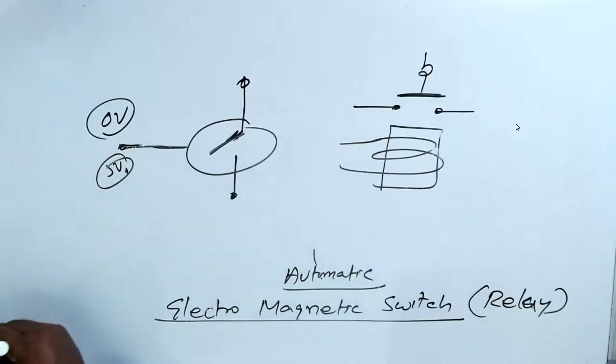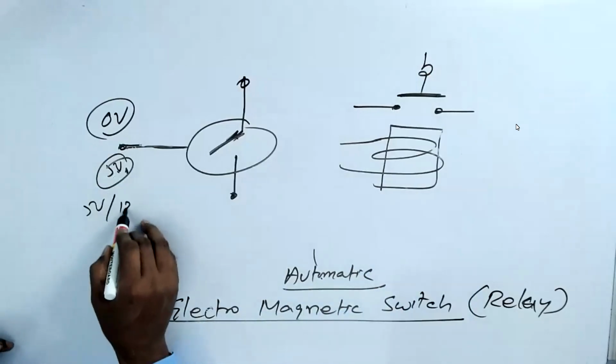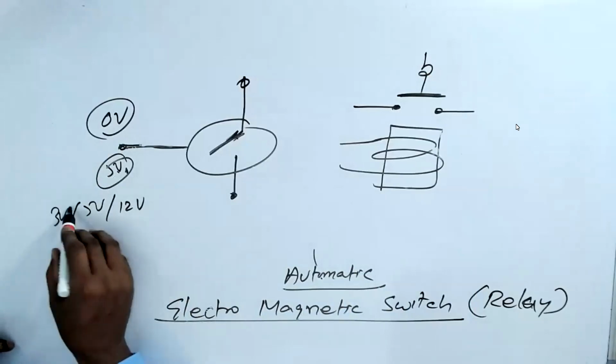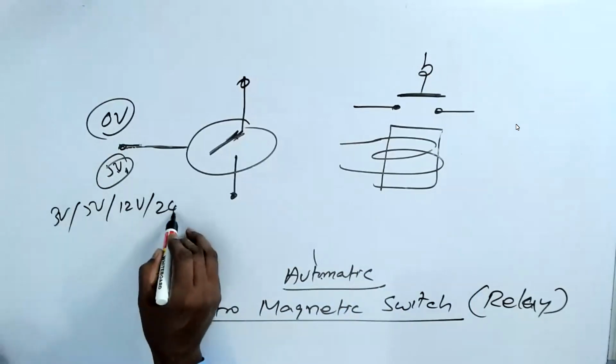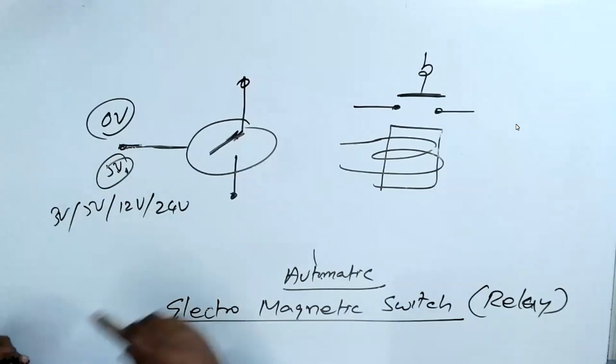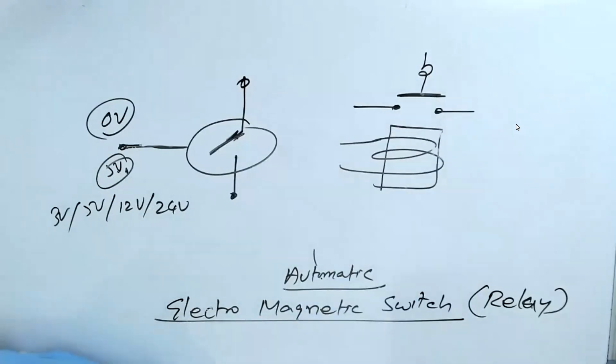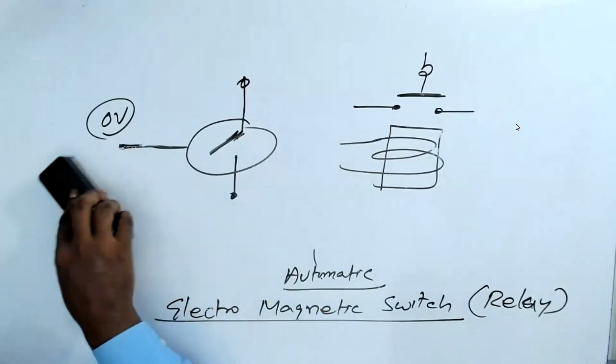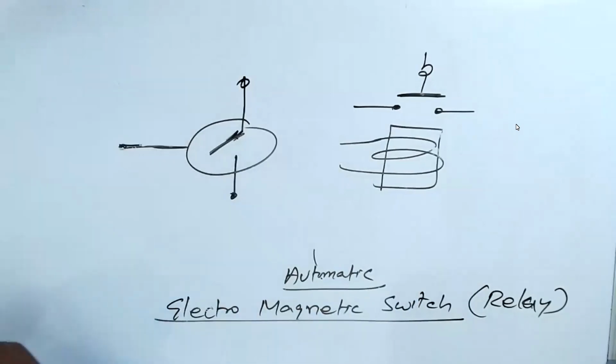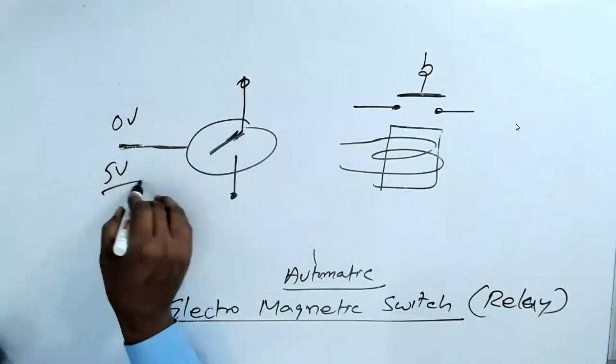So it need not be 5 volt. It can be 5 volt or 12 volt or 3 volts or 24 volt, anything. It depends on the size of the coil, how big the switch is. Need not be only 5 volt. I've just given 5 volt because generally we are always saying 0 volt and 5 volt. That's why I say that.